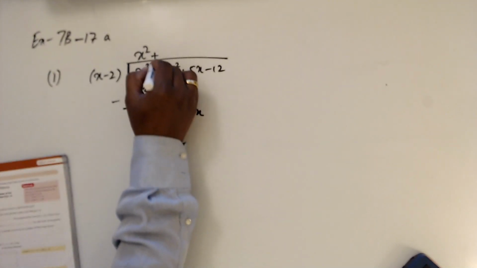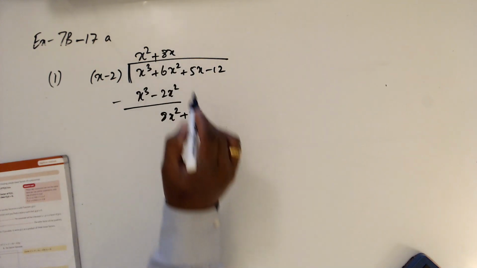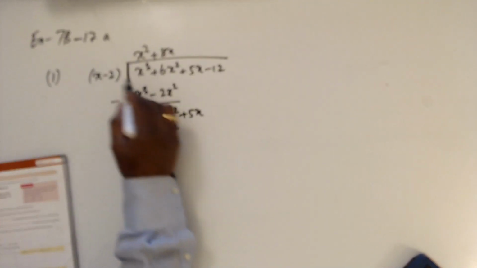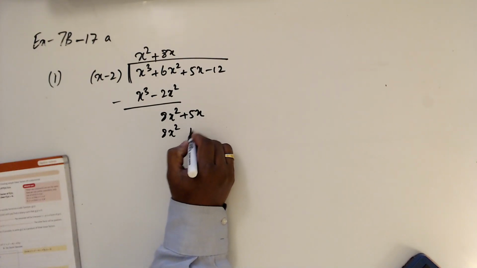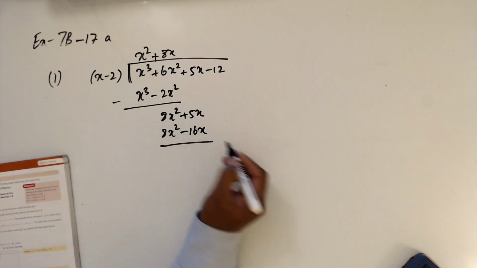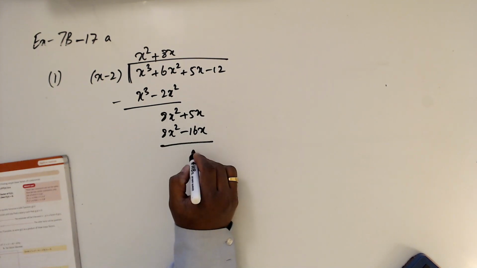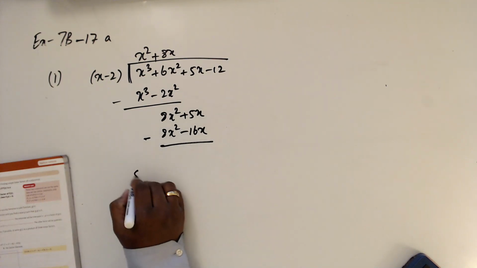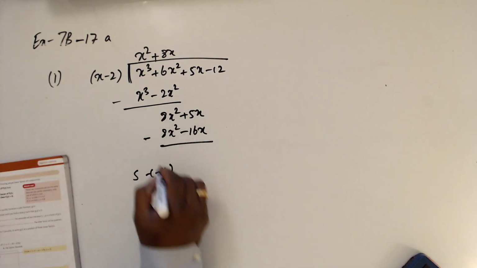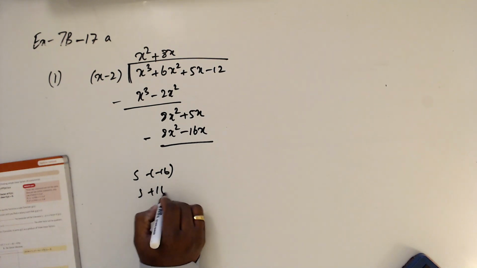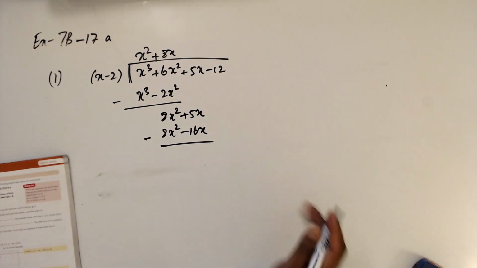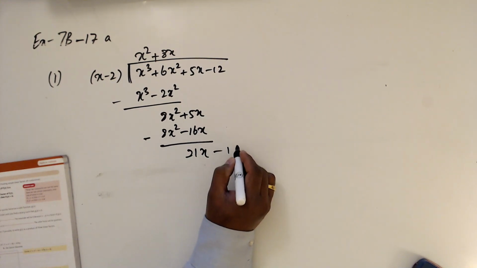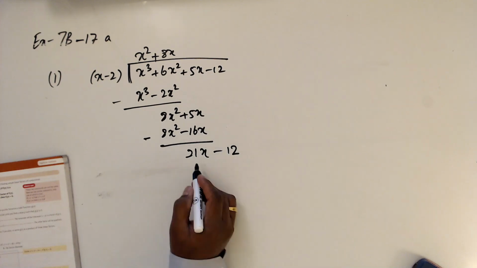Then this is going to be 8x, 8x times 8x square, 8 times 2 is 16 and negative x. And we have to minus those two. When we minus 5 minus 16, this cancels out. 5 plus 16, 21. 21x minus, we'll bring this 12 down now.